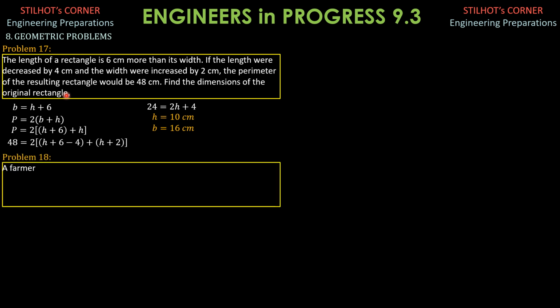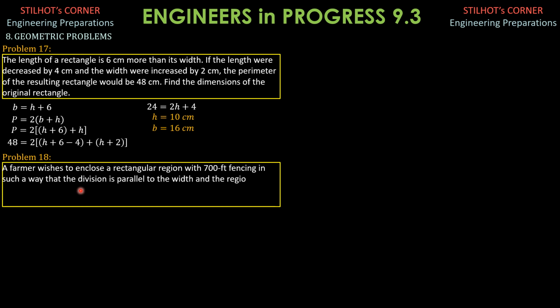Problem 18. A farmer wishes to enclose a rectangular region with 700 feet of fencing material, in such a way that the division is parallel to the width and the region is divided into two equal parts.